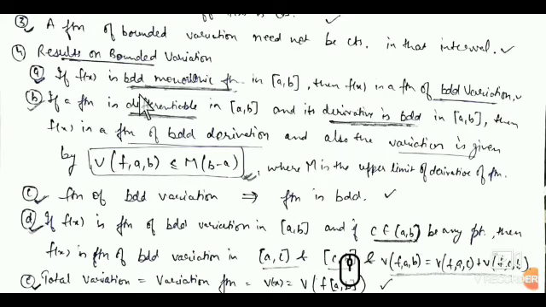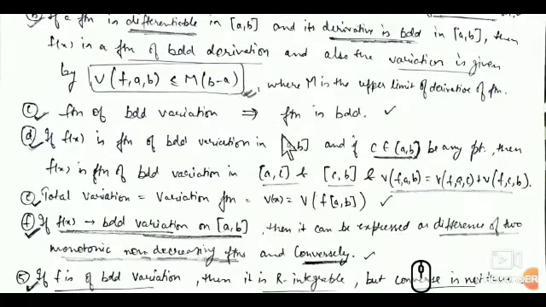Now if a function is differentiable in closed interval [a, b] and its derivative is bounded in closed interval [a, b], then f(x) will be of bounded variation.